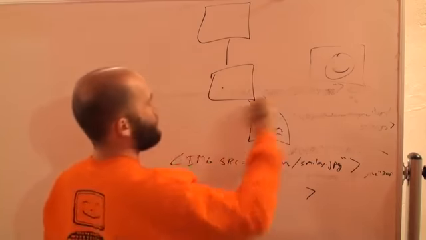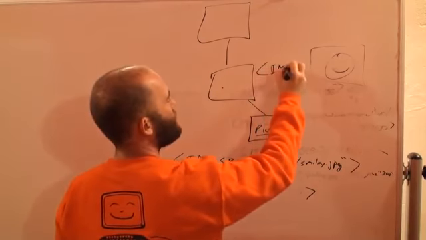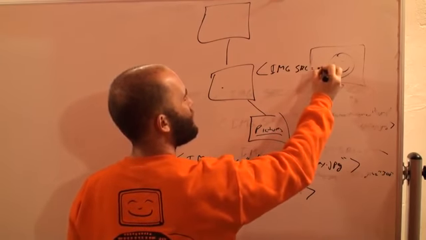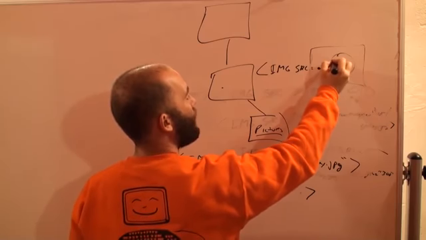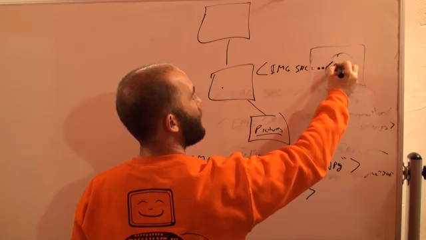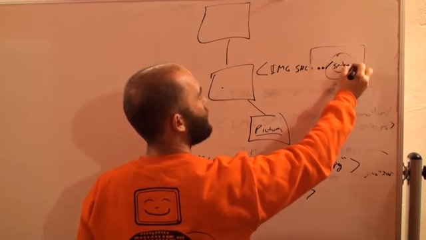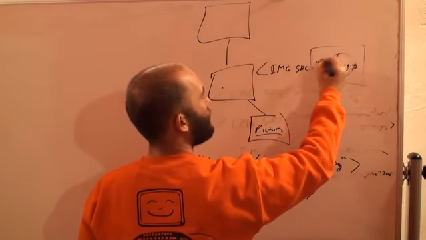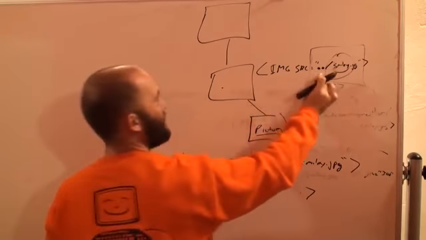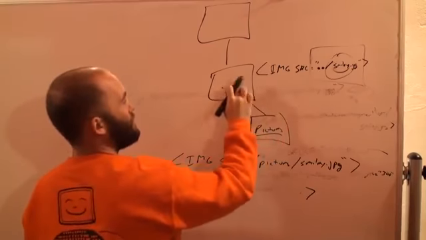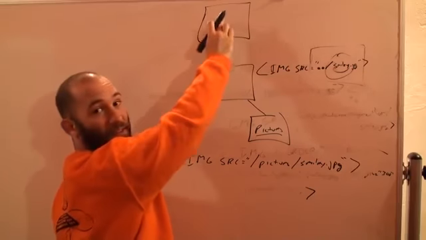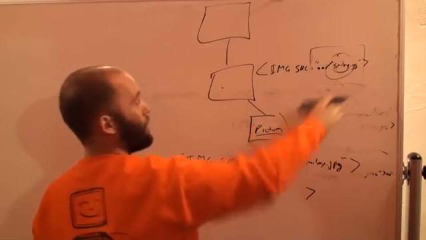In order to get to that, you would do image src equals, and then you do dot, period, backslash, and then the smiley. So if your web page is here, this tells the HTML to go to the folder one up from you and get the smiley picture from there.